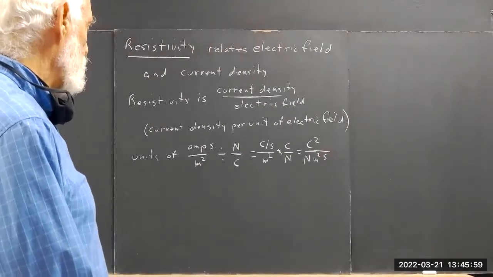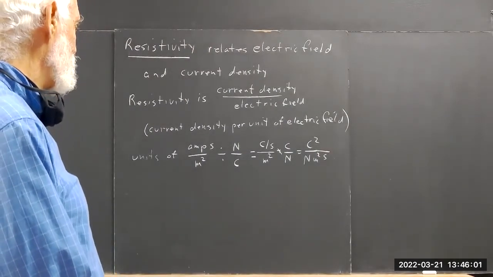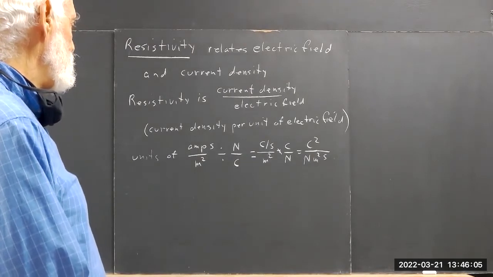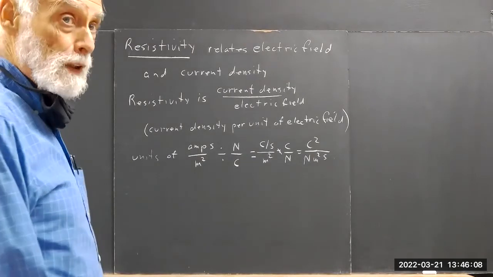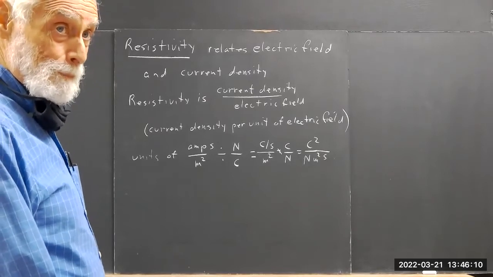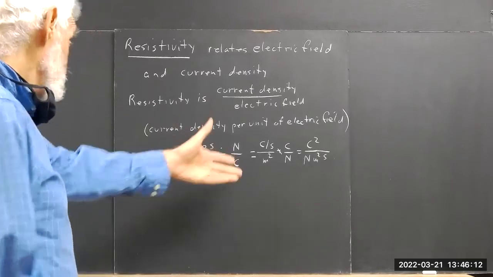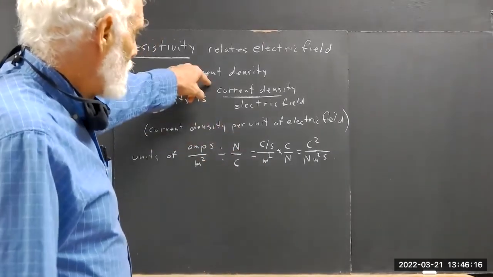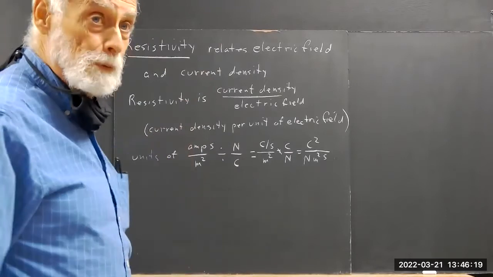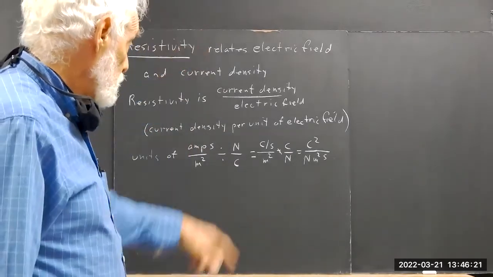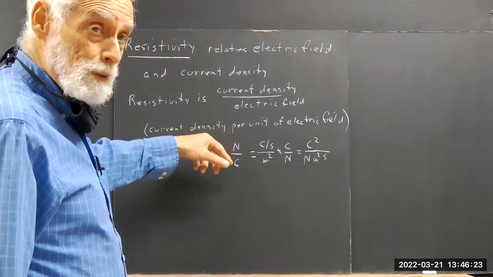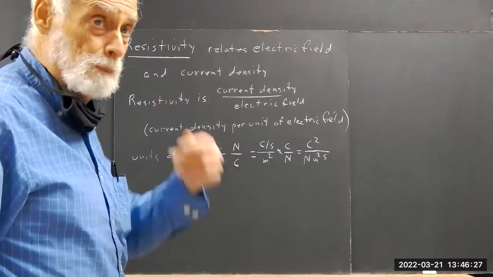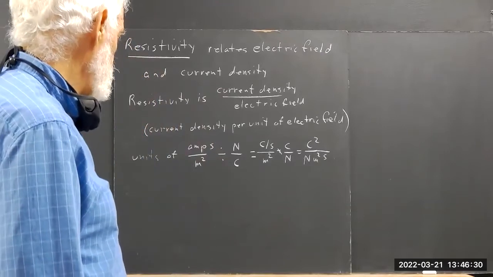It could come out something like this, and there are other ways of writing it. I might have written it wrong. Units are a little bit complicated, but you can easily get the units by taking the units of current density, which is amps per square meter, and dividing by electric field, which could be joules per coulomb or joules per meter or newtons per coulomb. Okay. Wait a minute.